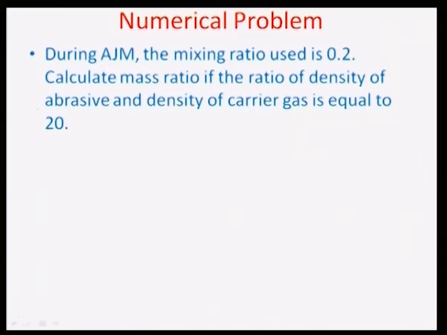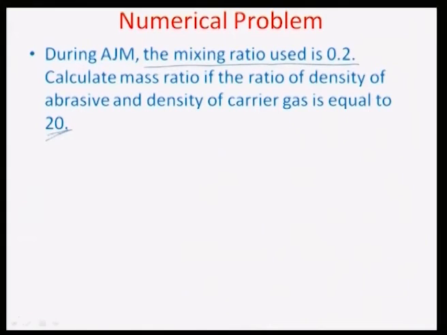So during an AJM process, for example, the mixing ratio used is 0.2, and I have to calculate the mass ratio, where the ratio of the density of the abrasive to the density of the carrier gas is given and is equal to 20.